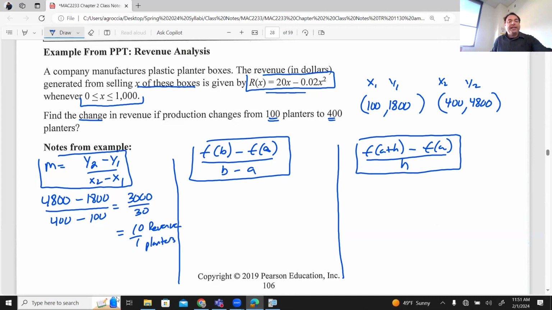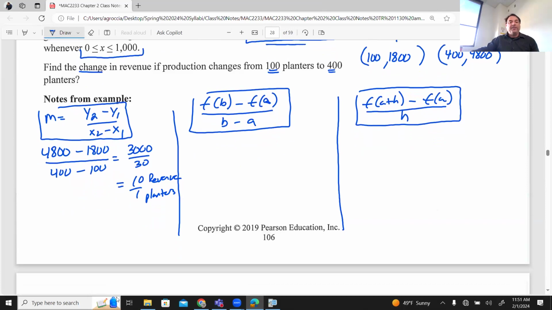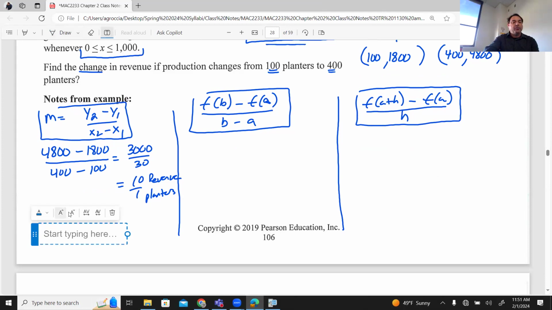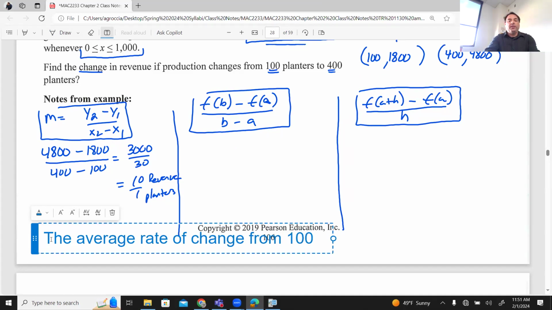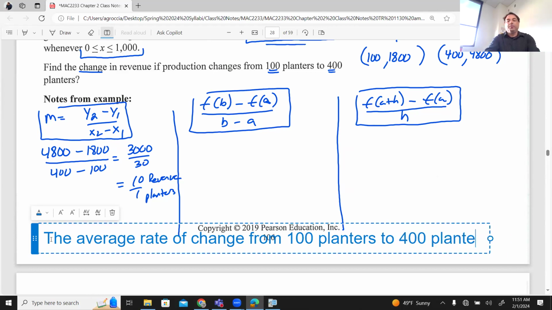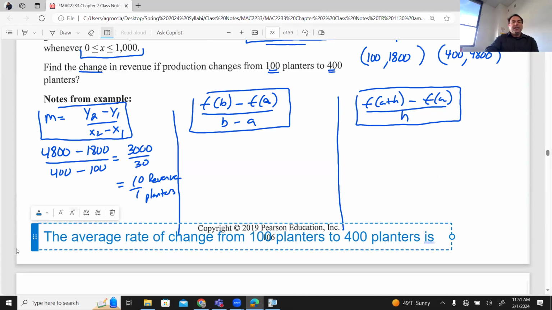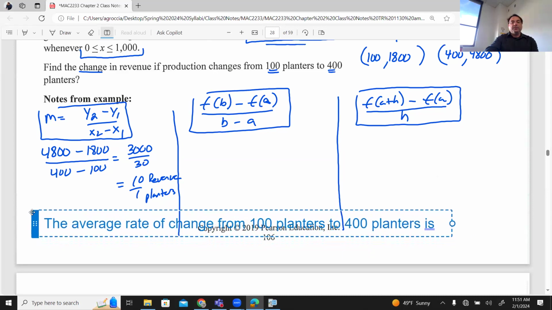So if I wanted to explain this in a sentence, I could write: the average rate of change from 100 planters to 400 planters is... Now, notice, is this positive or negative 10? 10 over 1.